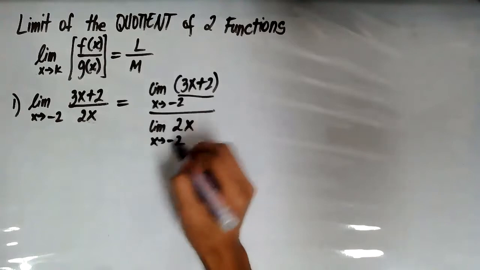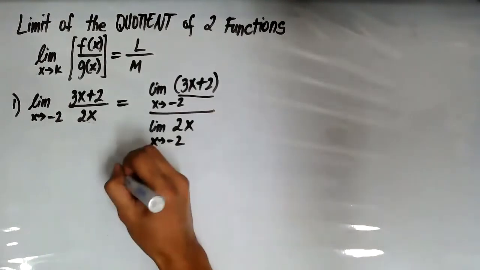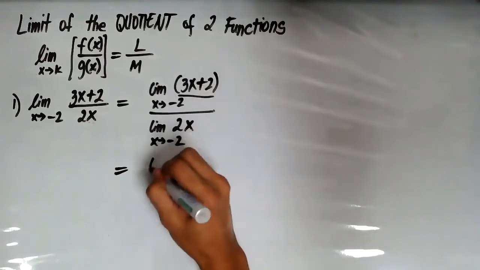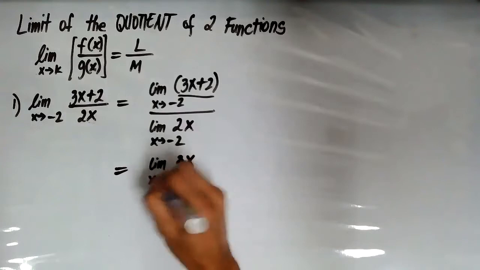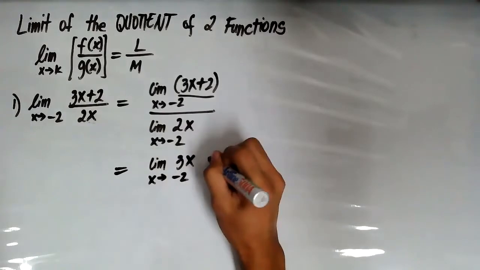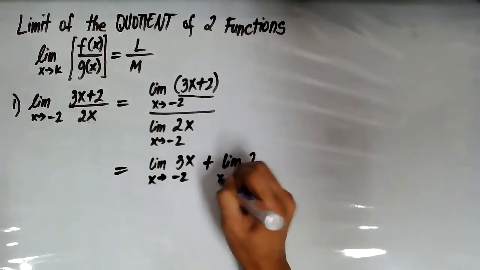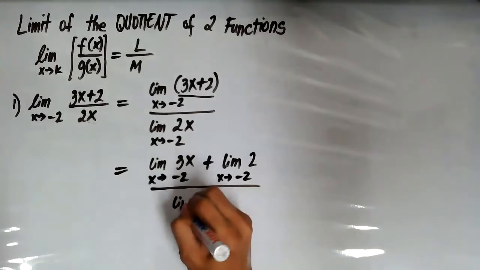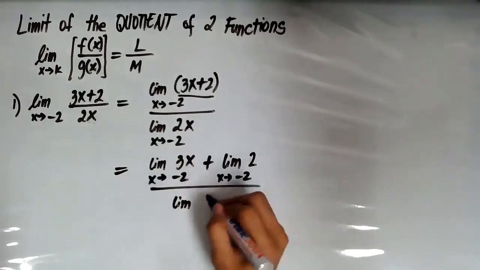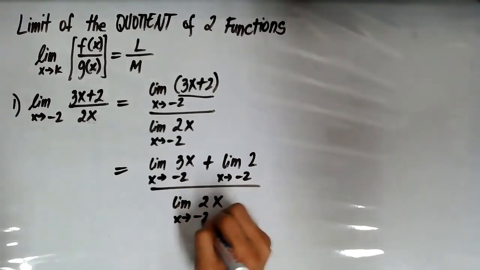And in function g, we can use the constant multiple law. So this becomes the limit of 3x as x approaches negative 2, plus the limit of 2 as x approaches negative 2, all over the limit of 2x as x approaches negative 2.